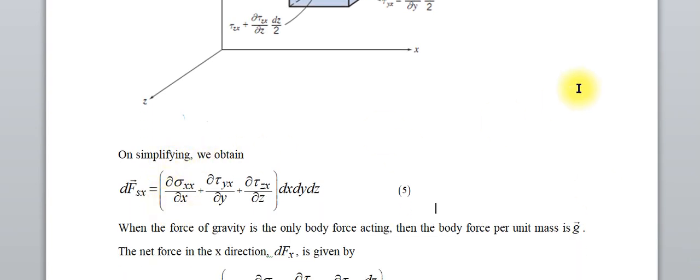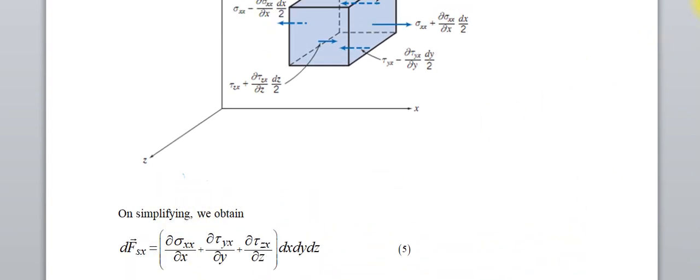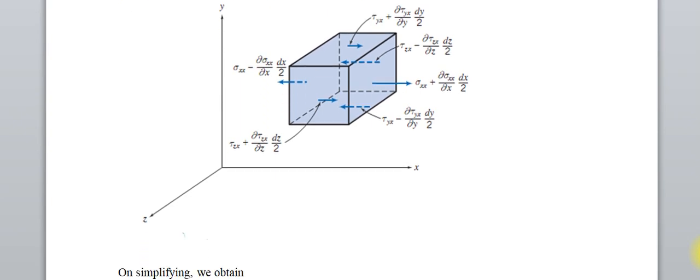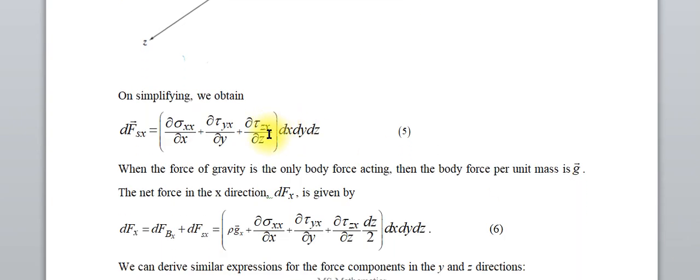From the first one, we are only left with partial by partial x of sigma xx. From this one, we are only left with partial by partial y of tau yx. From this one, we are only left with partial by partial z of tau zx in the x direction. You can see.